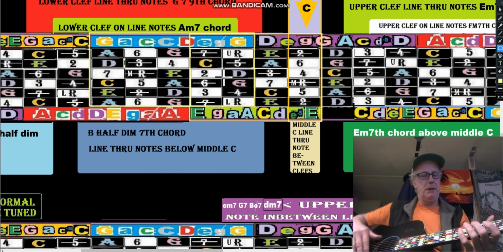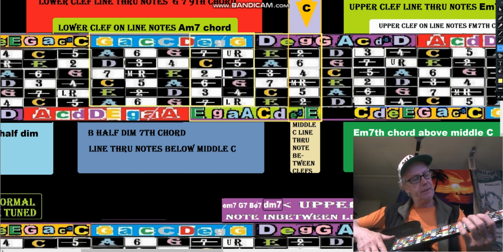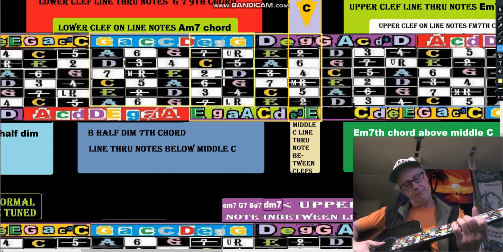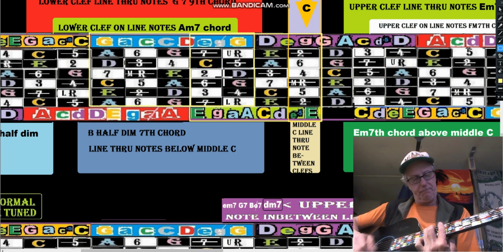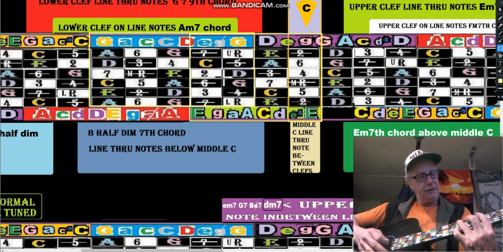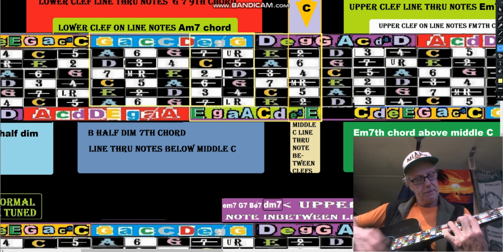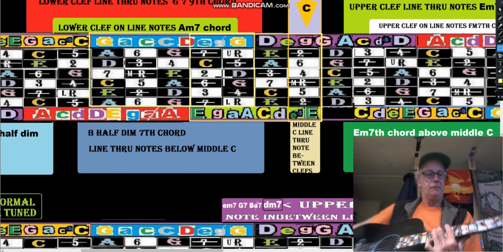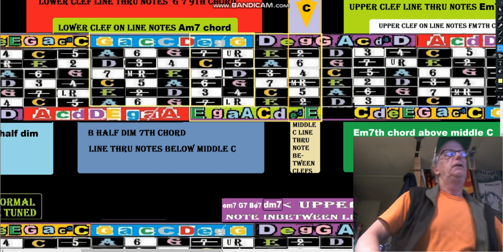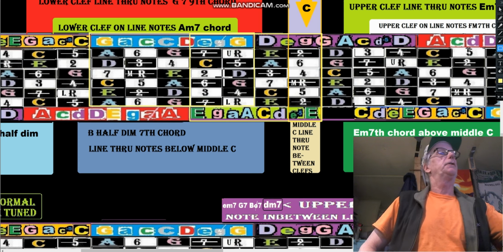So just remember, with the C, C would be the G box. When you do a G here, you're really just taking this big G. So in essence, like on the piano, you'd be going something like that.